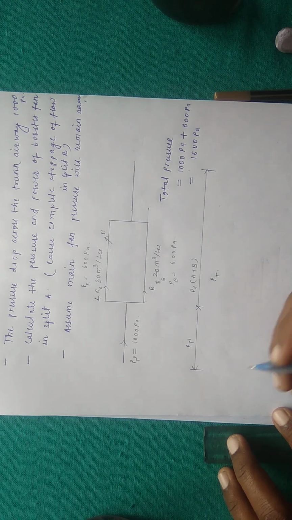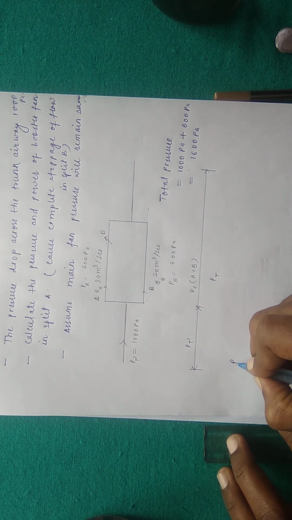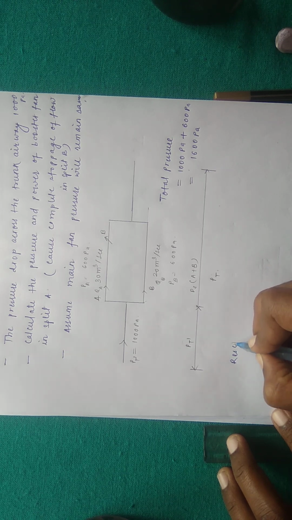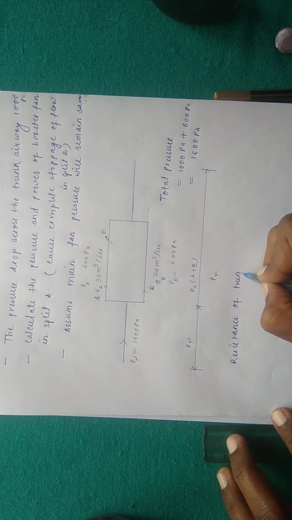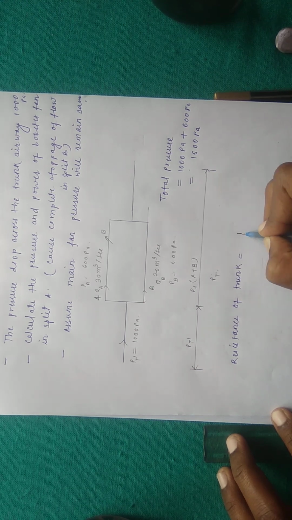Now we can calculate the resistance of the trunk. Resistance of trunk is equal to P by Q square.